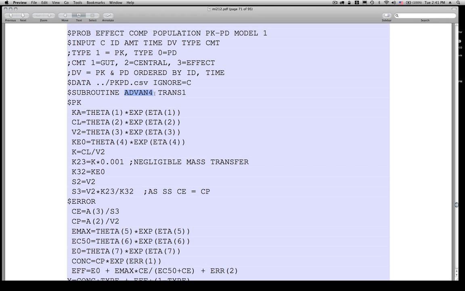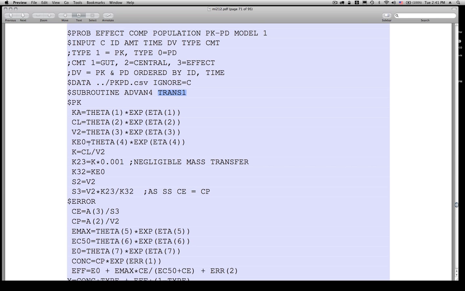So we're going to use ADVAN 4 and TRANS 1, because we're not going to define all of the intercompartmental clearances and volumes. We're going to define those transfers in terms of microconstants. But the PK system model is still defined in terms of a Ka, clearance, and a central volume.